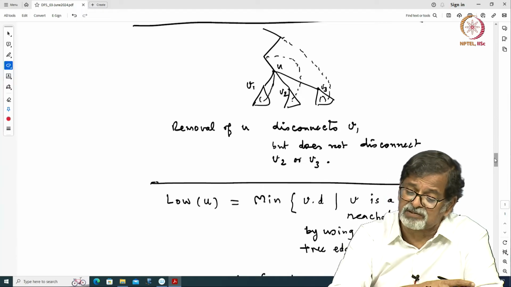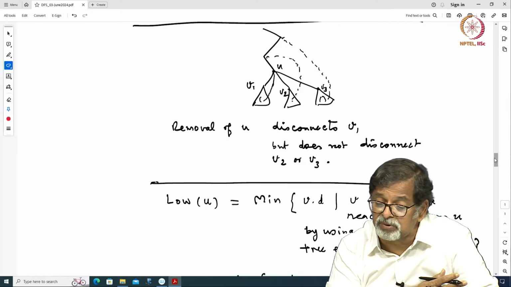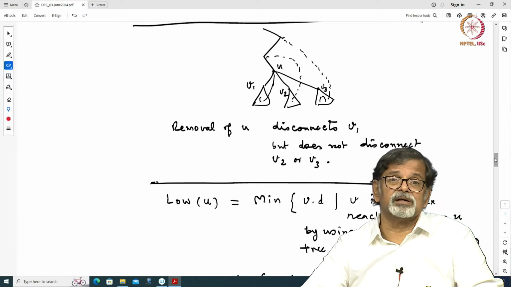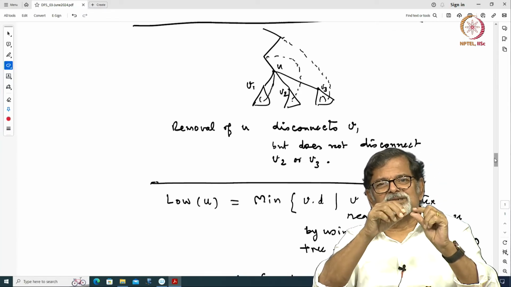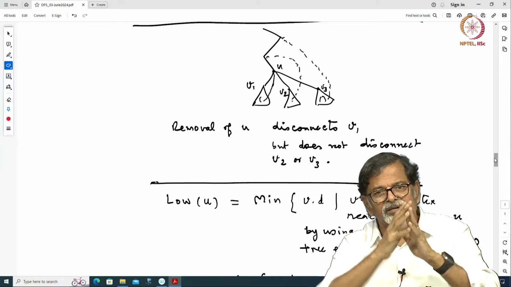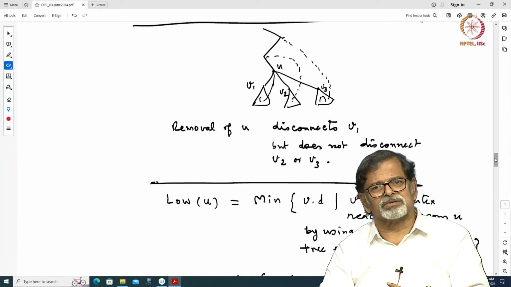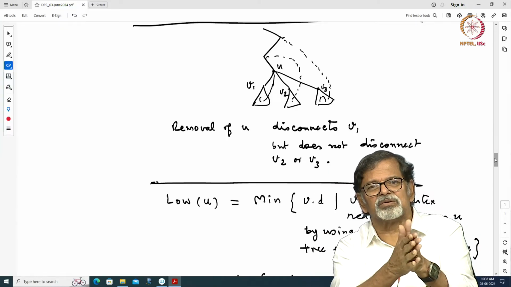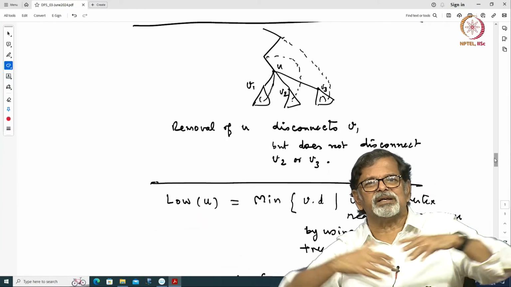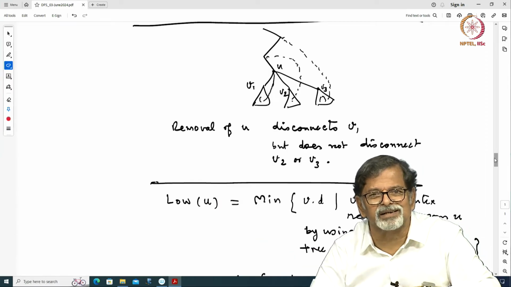If this is the case, removal of u is going to disconnect V1, because V1 and its descendants are maximally connected with u. If u is removed, then these nodes have no other connection to anywhere else. The graph gets disconnected.